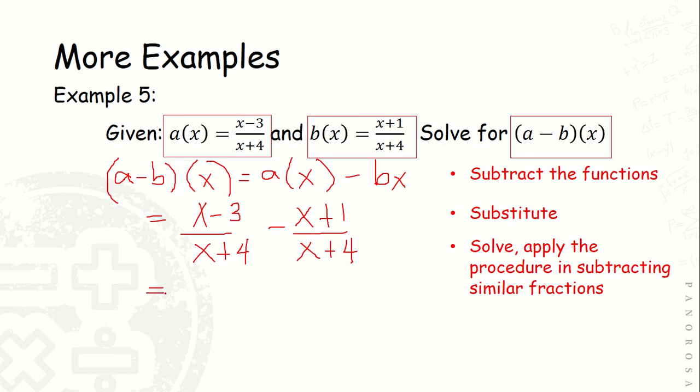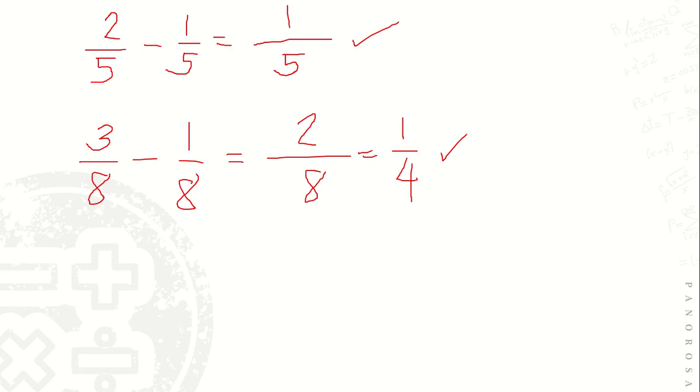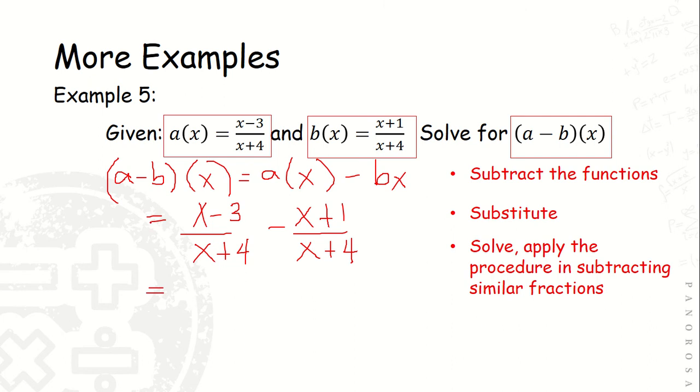So again, as we go back with the subtraction of functions which have similar denominators, we copy the same denominator, and then we do the operation in the numerator. So copy 5 and then subtract the numerators. So we'll apply that procedure in our example. We will just copy x plus 4.